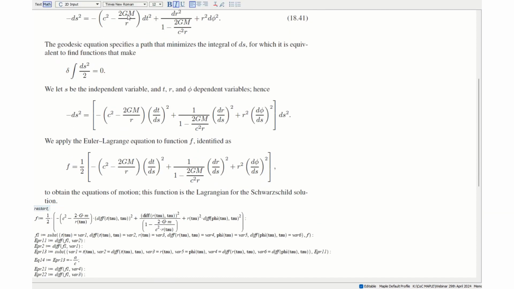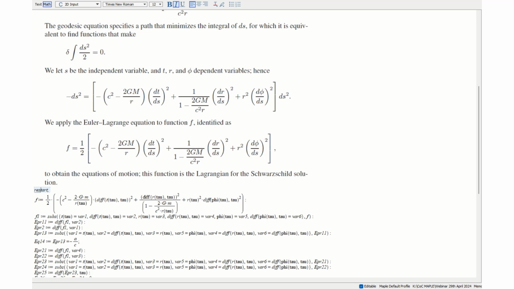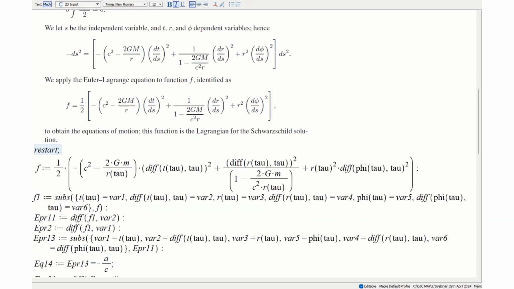So from restart you can observe the commands that I am going to run, and this file also I am going to run step by step so that you can observe on your screen what is happening.